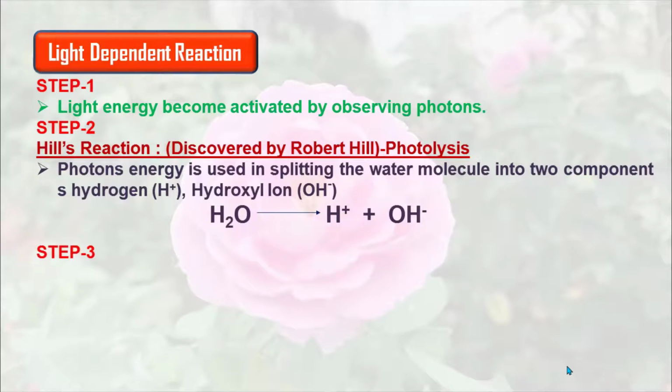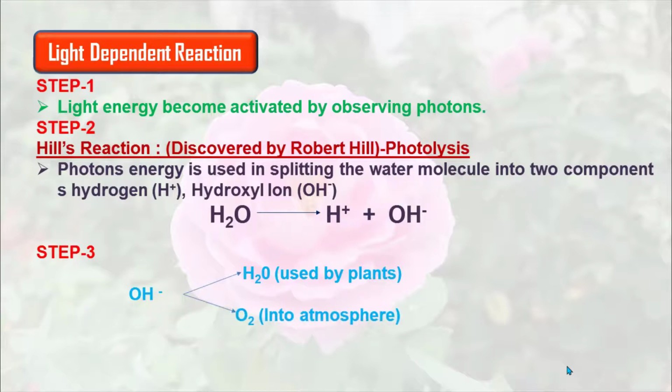Step 3. The highly reactive H plus and OH minus ions of water undergo quick changes as described below. OH minus ion through a series of steps produces water and oxygen. Water may be used by the plant inside, but oxygen is usually released into the atmosphere.